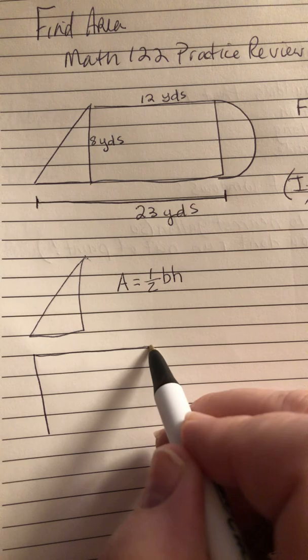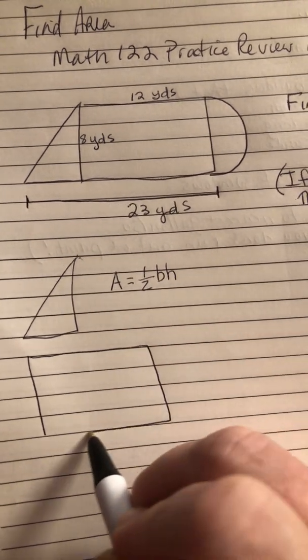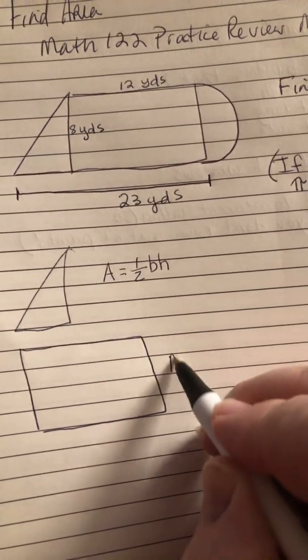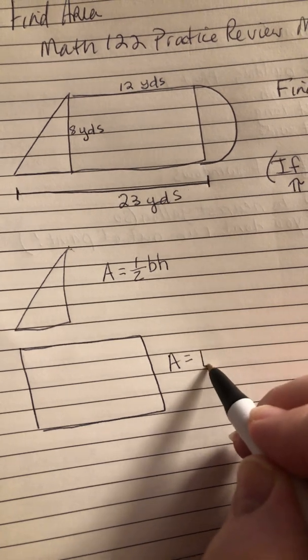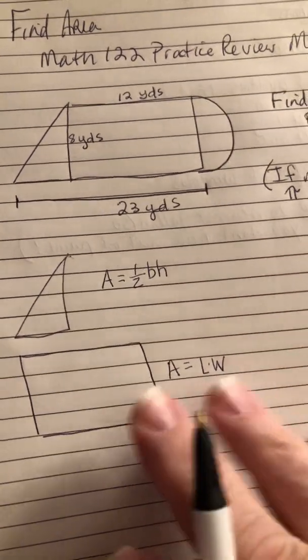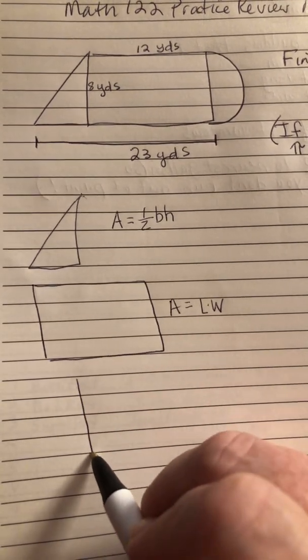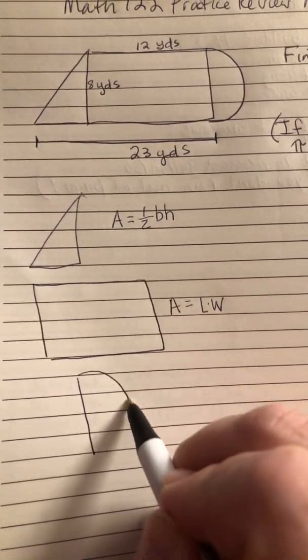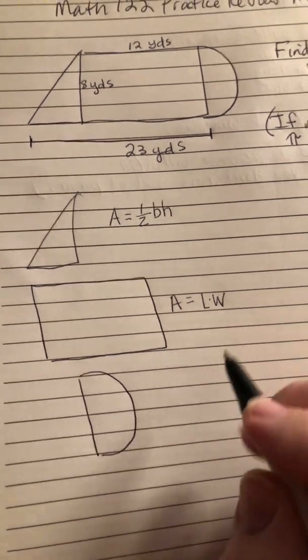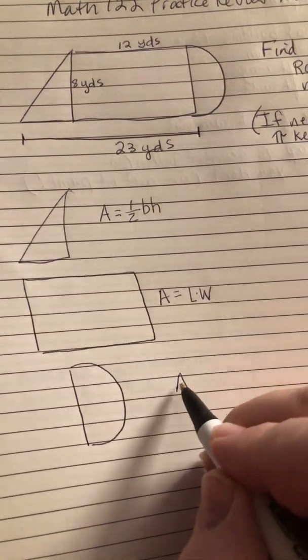Then we have the rectangle that's in the center that we need to find the area of. And the area of a rectangle is length times width. And then we need to find the area of the half circle. And so what we're going to do is find the area of a circle and then cut it in half.